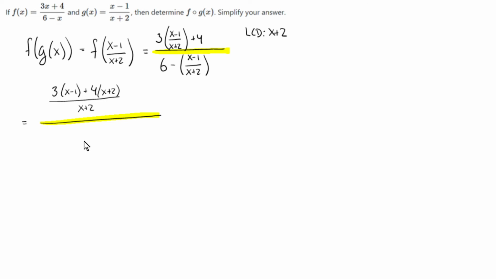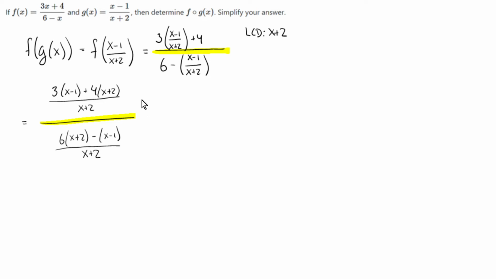In the denominator, we're going to get 6 times (x + 2) minus (x − 1), and in the denominator, we have x plus 2. So this is how it looks now.